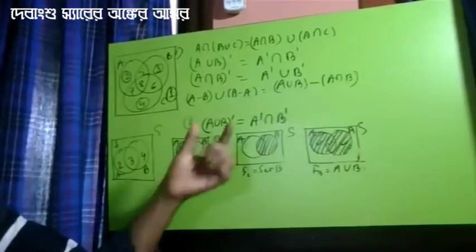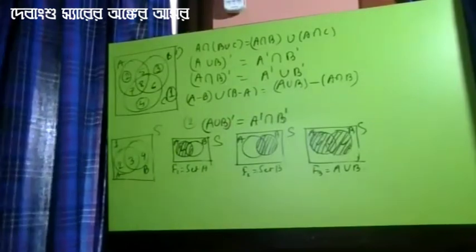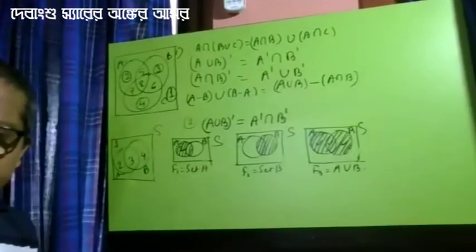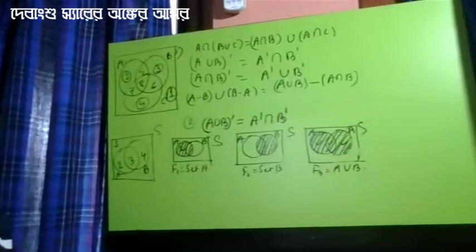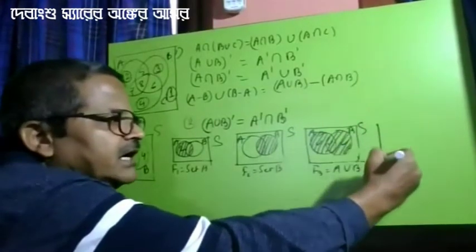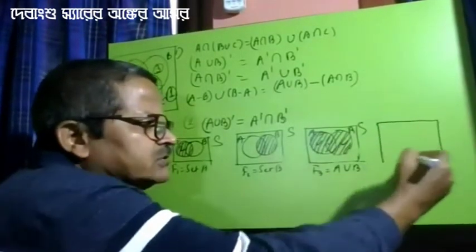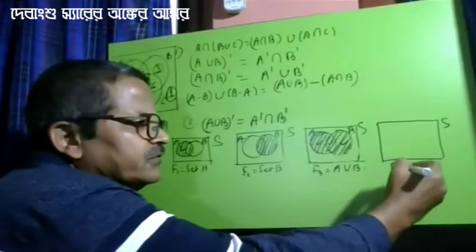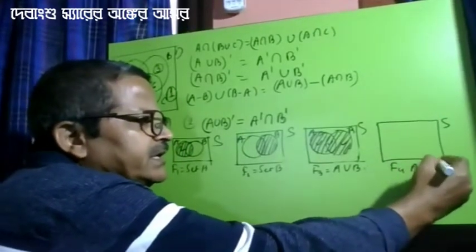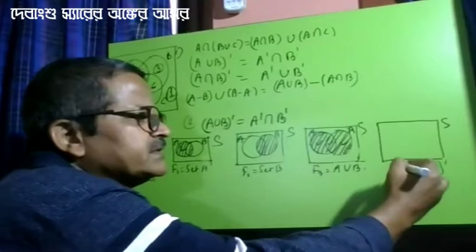Now I have to take its complement. Complement means I have to shade the portion outside this set. F4 is A union B complement.